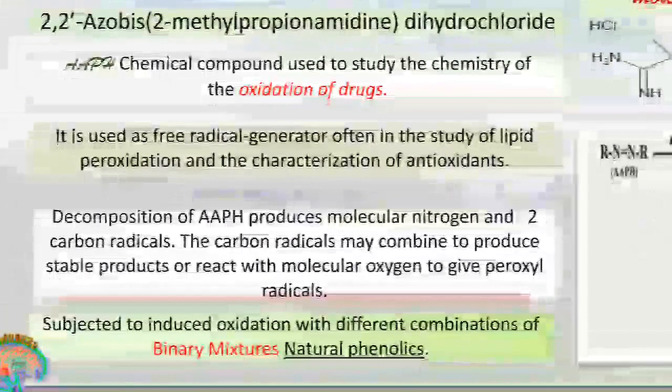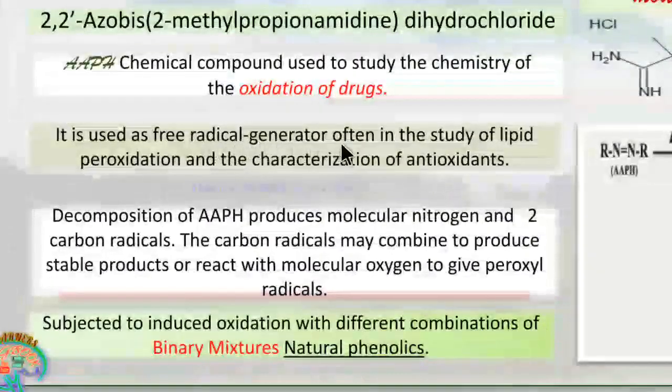Now, it is used as a free radical generator, often in the study of lipid peroxidation and the characterization of antioxidants. So for these two major research areas, they are going to use this AAPH as the free radical generator.